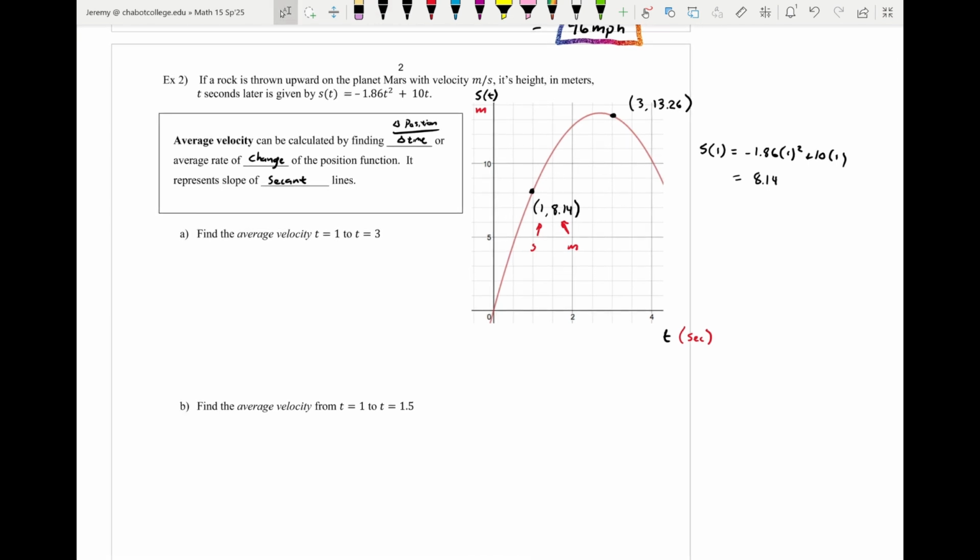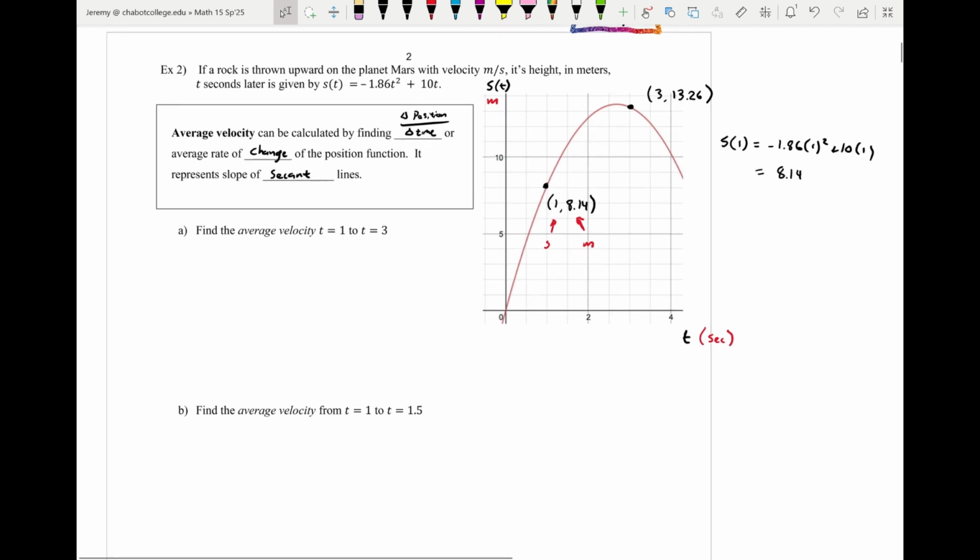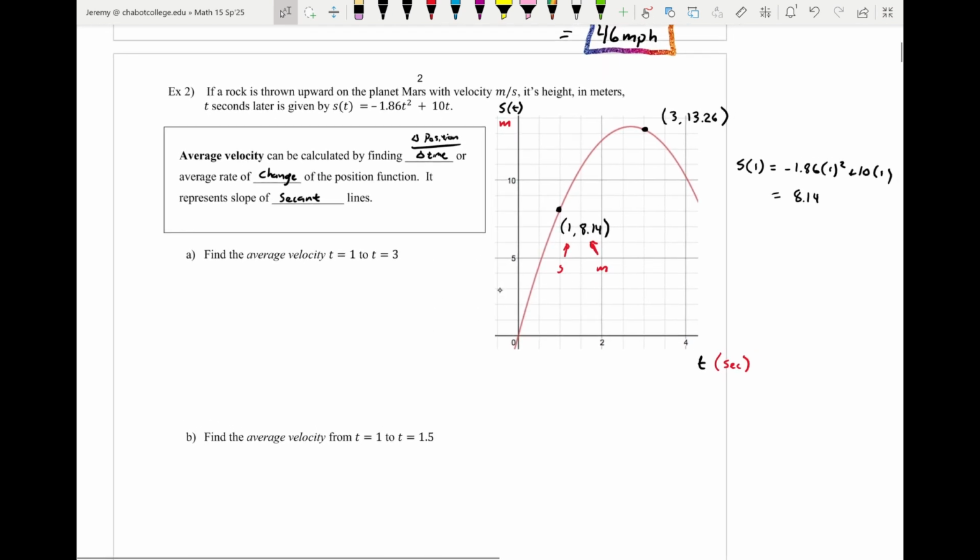I just want to come up with those 2 points because what are we asked to do in part A? We want to find the average velocity between t equals 1 and t equals 3. So this is saying, on that interval from 1 second after this rock is thrown upwards to 3 seconds after, what's the average velocity over that time interval?